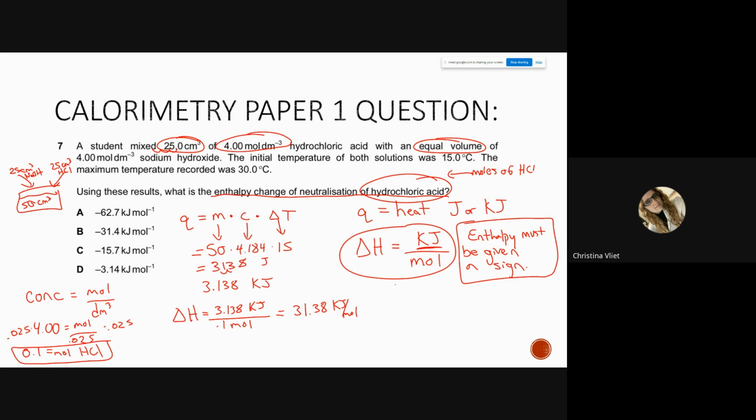Why is B the answer? Well, be careful. There's something different about B than what we've currently written as an answer. You're missing something very big. We have to give a sign, whether it's positive or negative. So this negative is communicating that it is exothermic. How do we know that this is exothermic?